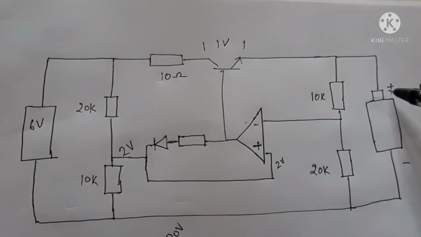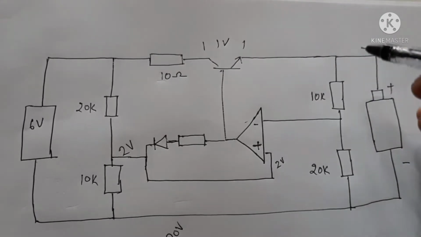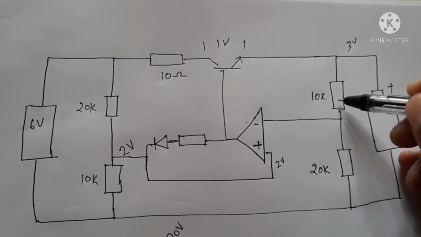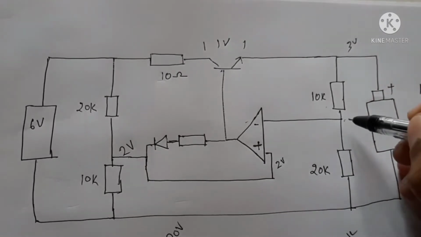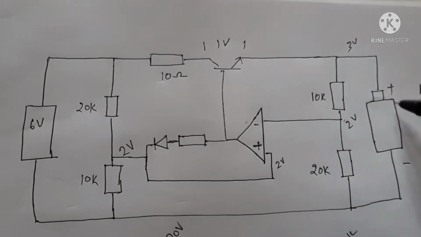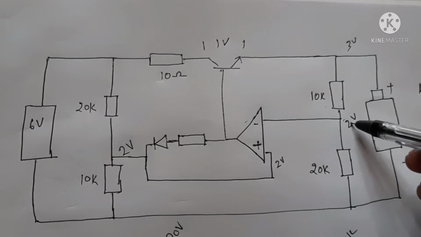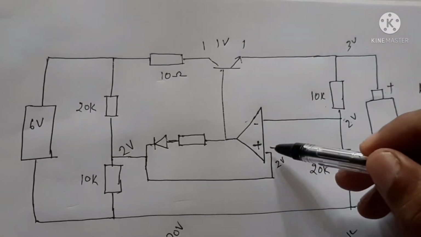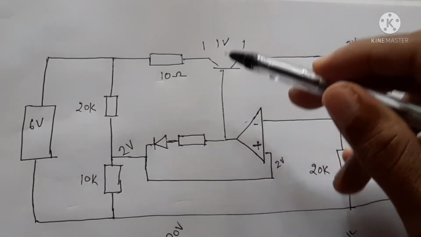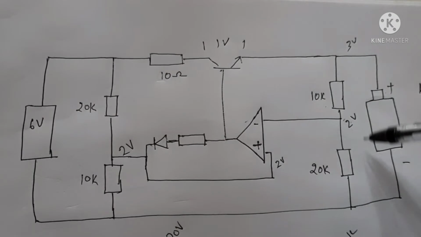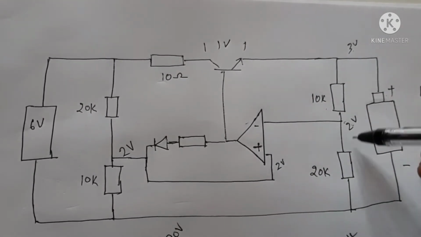Now, if the battery voltage falls below 3 volts, this point will be less than 2 volt.